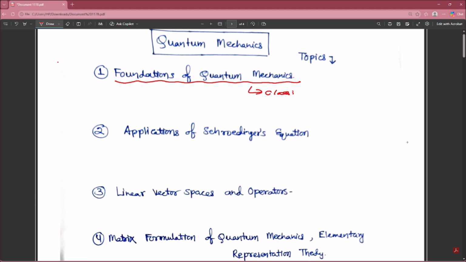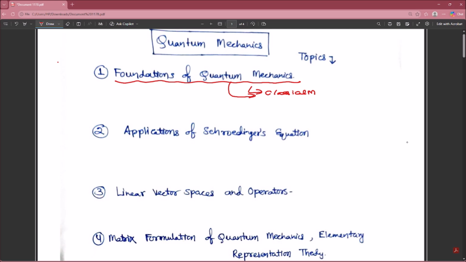Also, from the quantum mechanics perspective, what are the different types of experiments which lead us to know about quantum mechanics and its properties.